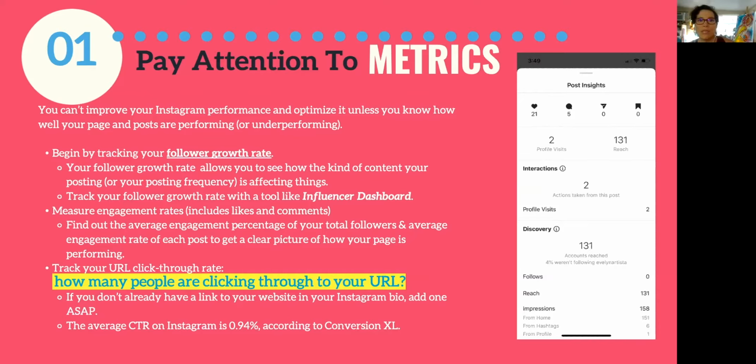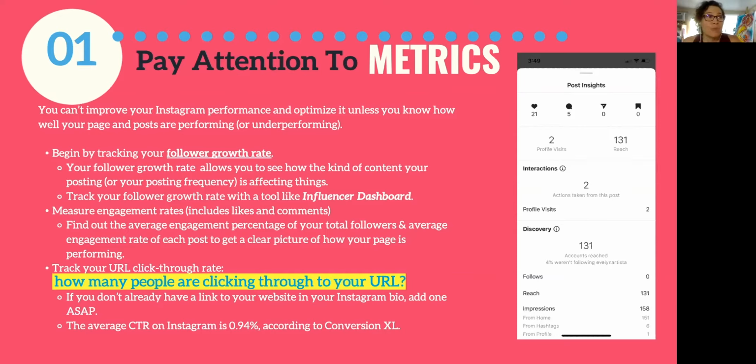It allows you to see the kind of content that you're posting and how it's affecting things. And I've read all kinds of tools are out there to help you analyze some of this data. One of the recommended tools was Influencer Dashboard. I have not installed that. It's hard enough managing 4 Instagrams and doing the work that I do. So the insights are where I'm sticking right now.